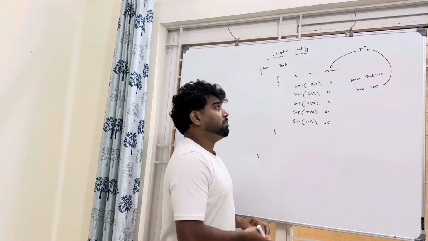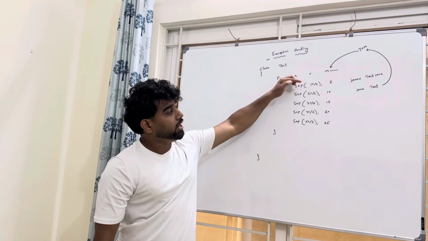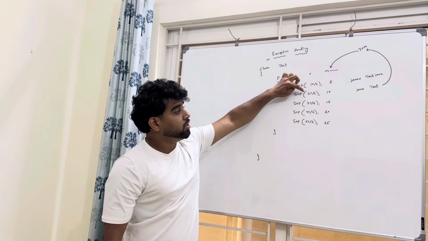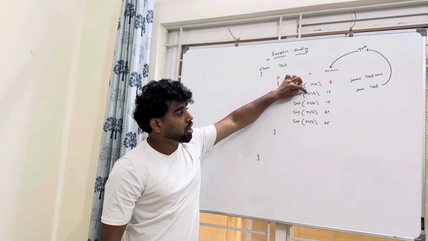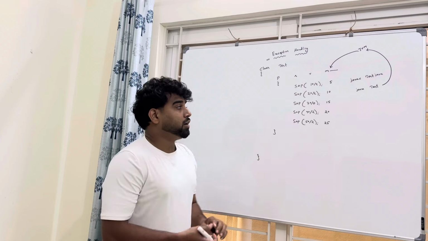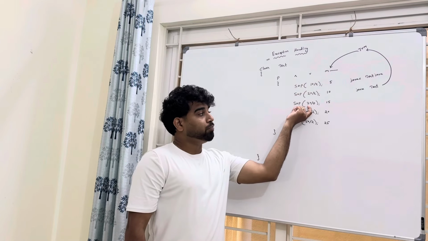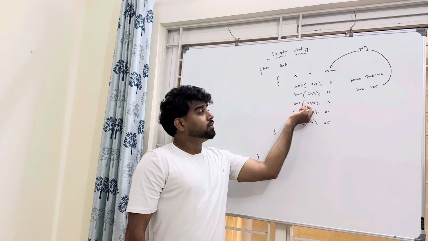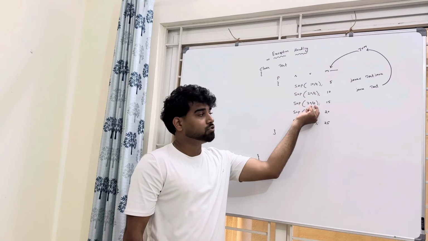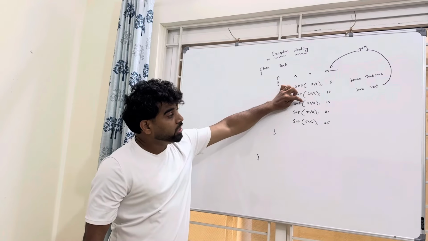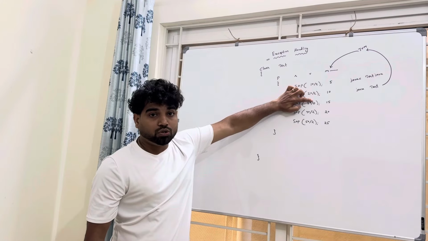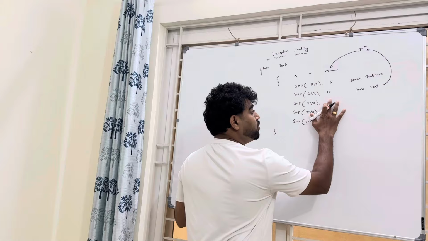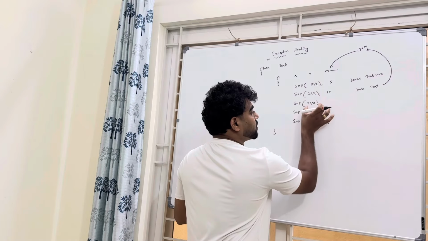The first line gives the output 5, the second line gives 10. But when it tries to calculate 30/0, that is not possible in Java, so the JVM will not be able to calculate this piece of code.